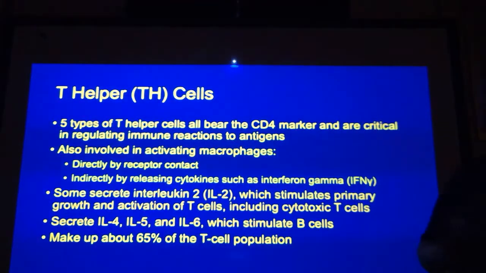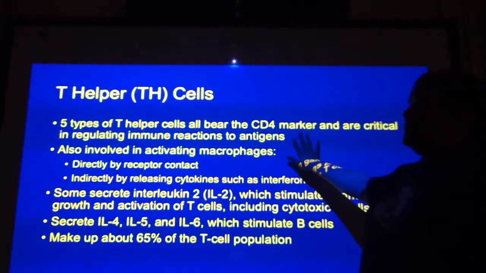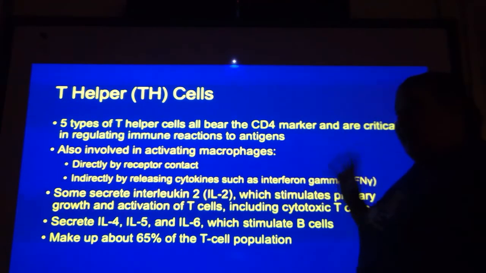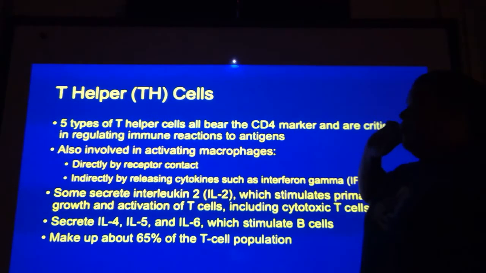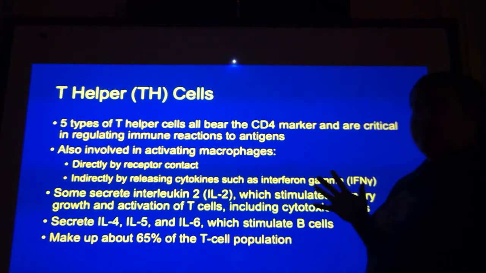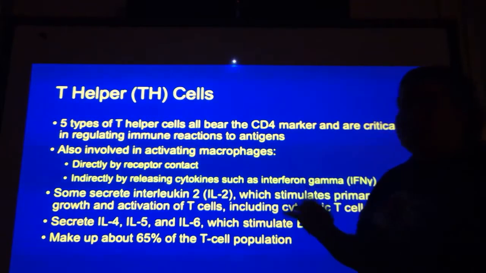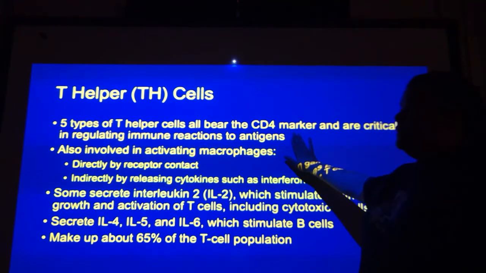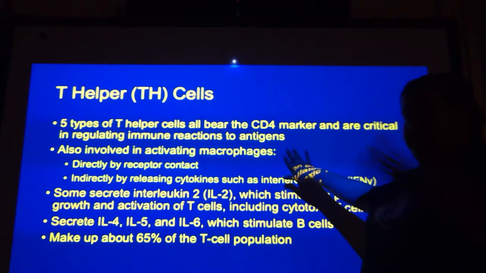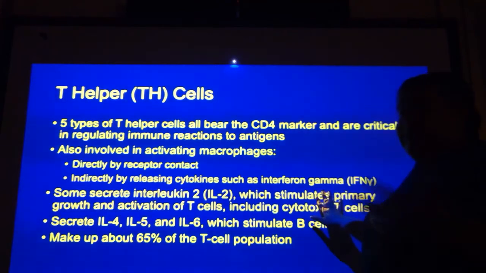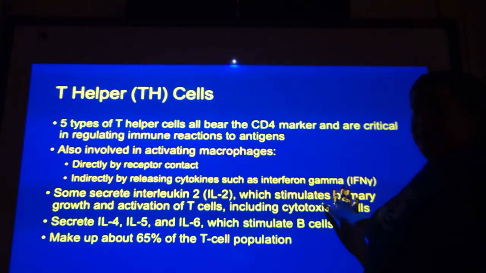Helper T cells. There are 5 types of helper T cells that all have that CD4 bracket that I've mentioned before. And they are critical. Remember I said everything hinges on them. They're critical in regulating the immune reactions to antigens. They're also involved in activating macrophages, either directly via receptor contact or indirectly by releasing the chemical cytokines, such as interferon gamma.